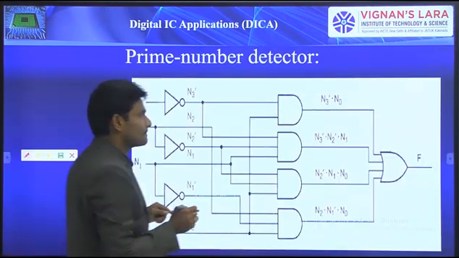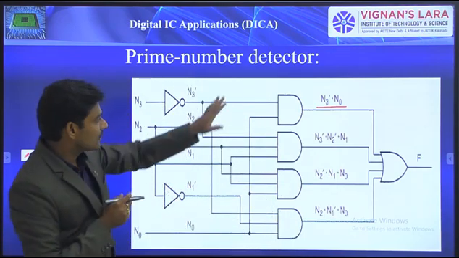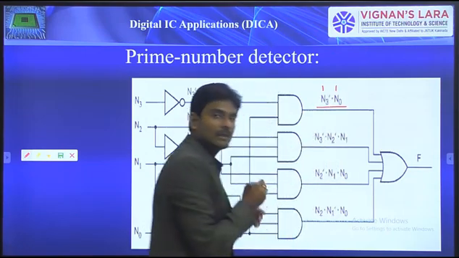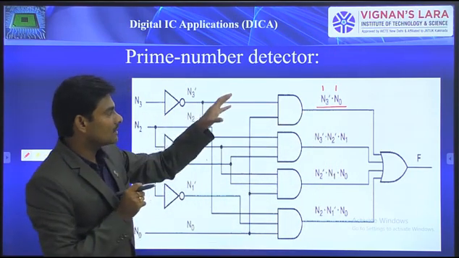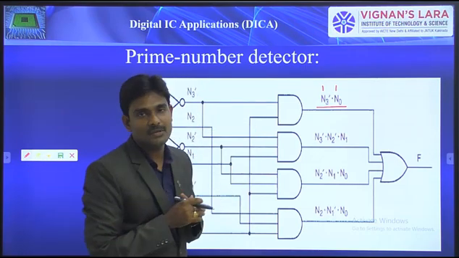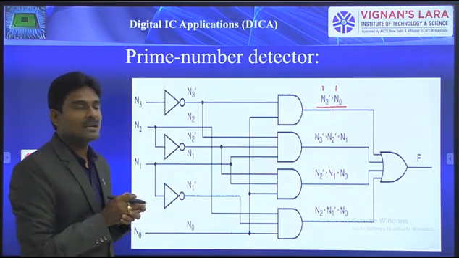Considering it, N3 bar and N0 go into an AND gate. If these two are ones, then only the output becomes 1. If any of these two inputs is 0, then the output is obviously 0. So what is the condition that we need to verify?